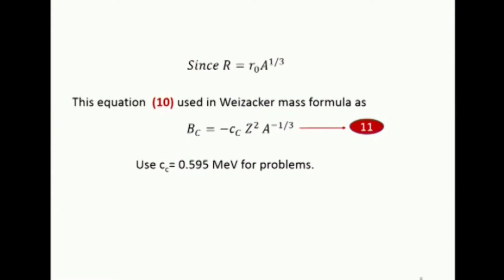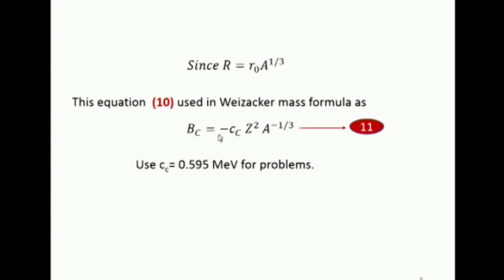This is Bc, the binding energy due to Coulomb energy. How can it be? Binding is attractive, Coulomb is repulsive. That is why we get the negative sign here. So, it is a binding energy due to the Coulomb factor.